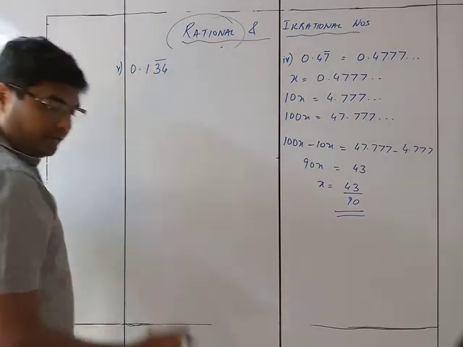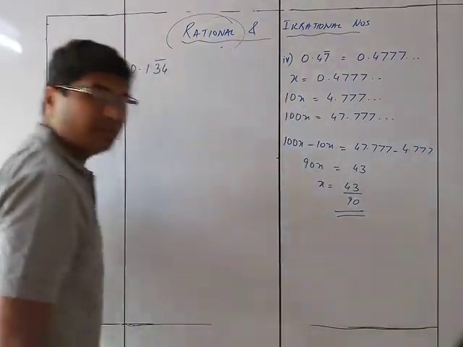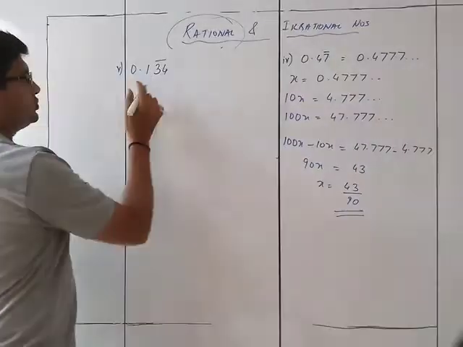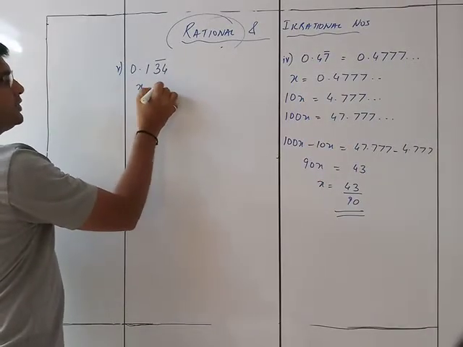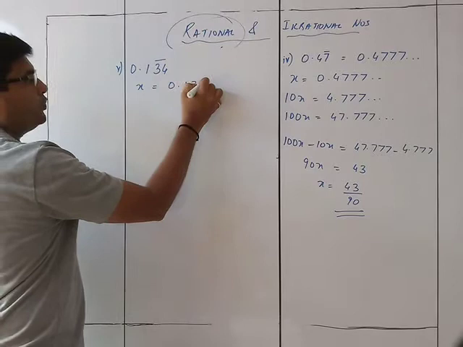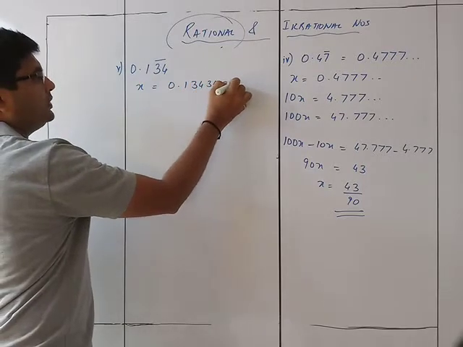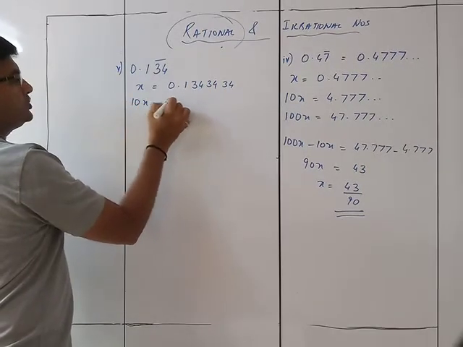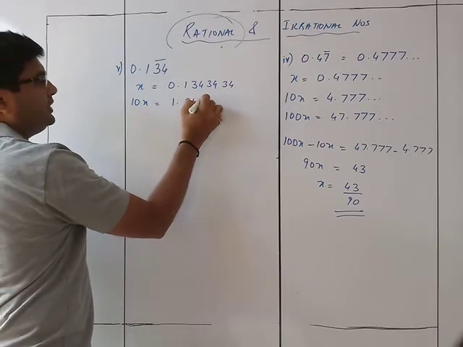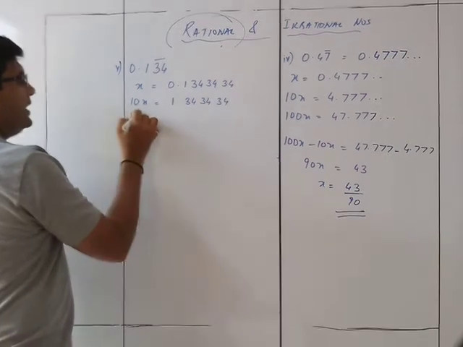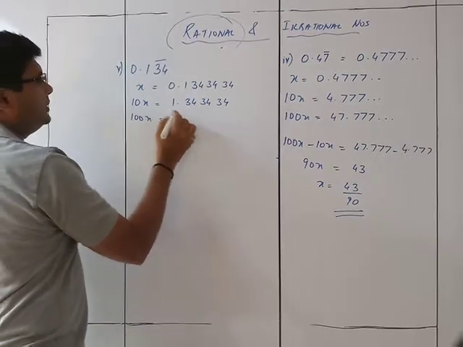0.134, where 34 is recurring. Yes, 34 is recurring. So again the same way, we are taking x is equal to 0.1343434. Therefore 10x is equal to 1.343434 and 100x is equal to 1.